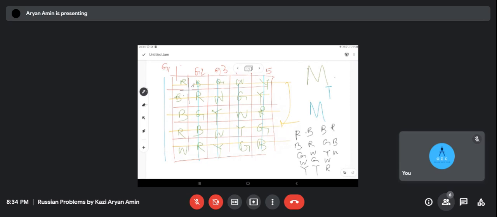R, P, W, Y, G, and W, R, Y, G, B. And whenever they are different, you basically swap those balls, right? So, for example, you swap this guy with this guy. So basically you swap a_ij with a_ji for all i not equal to j.